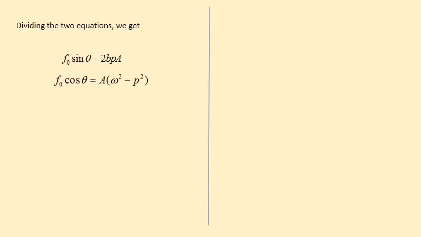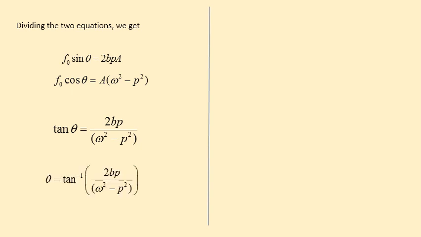So now let us divide these two expressions, so that we will get tan θ = 2bp divided by (ω² - p²). So we can write θ = tan⁻¹ of 2bp divided by (ω² - p²). So this equation represents the phase of the oscillation.